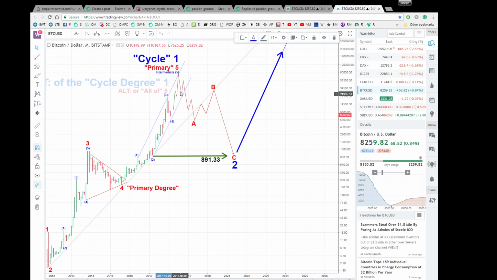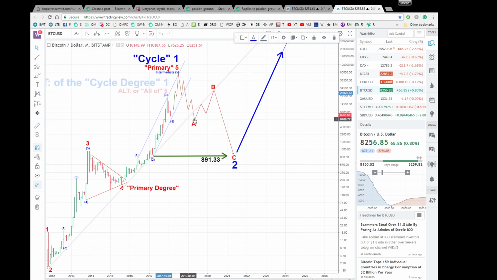That would then postulate that after reaching a high north of 66,000 in Bitcoin, we'd have a 5-wave clear decline down to the primary A wave, which would likely stop and gather support at the previous fourth of one lesser degree, maybe around here in the $6,500 range.